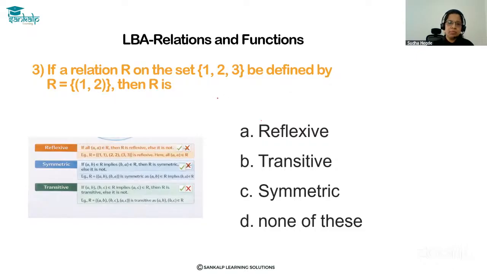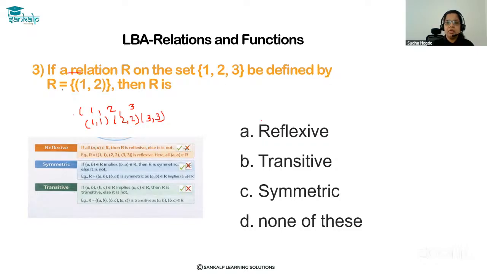For all a belonging to A, (a, a) belongs to R. In this case, the elements are 1, 2, 3. To be reflexive, (1, 1), (2, 2), (3, 3) must be in R.